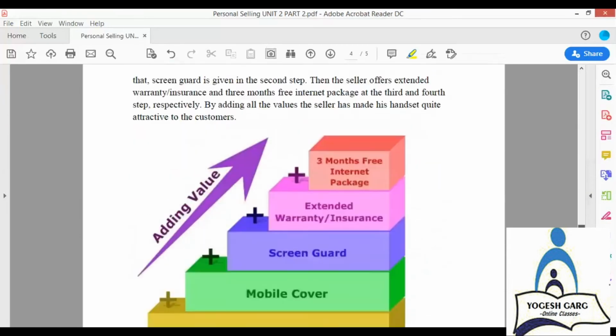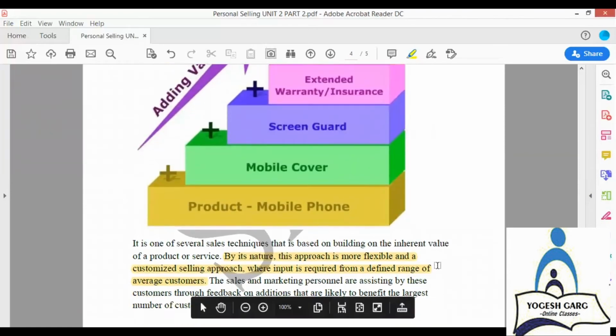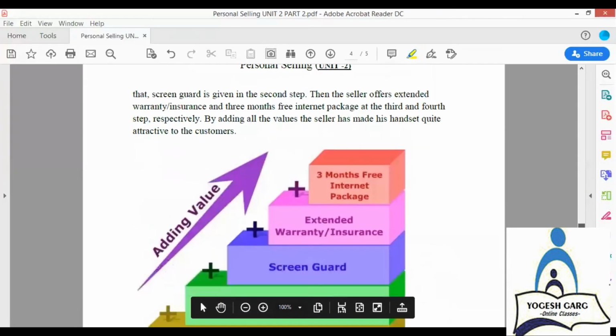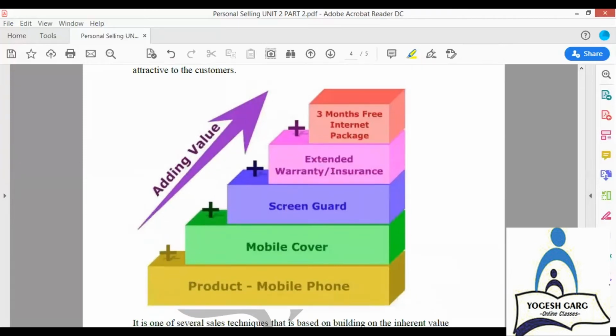So this is basically a simple approach, sometimes a very flexible and customized selling approach where input is required from a defined range of average customers. There is a mentality among people that if anything is coming for free, it doesn't matter about the quality.